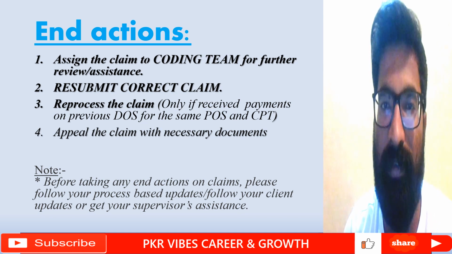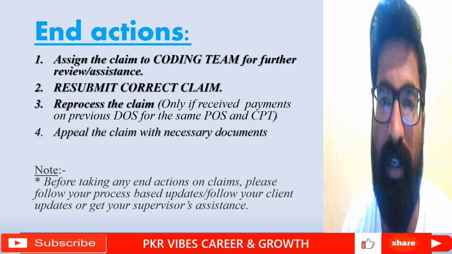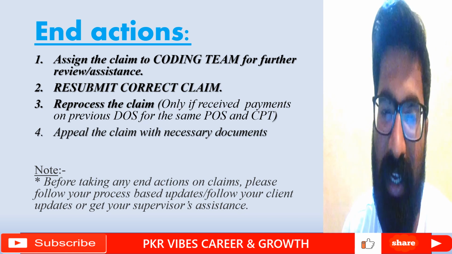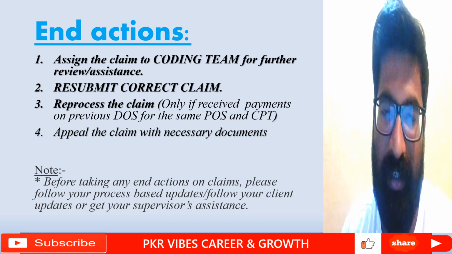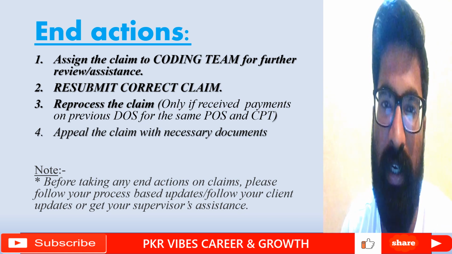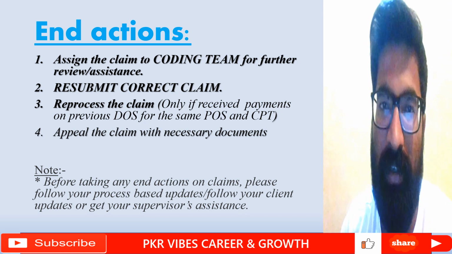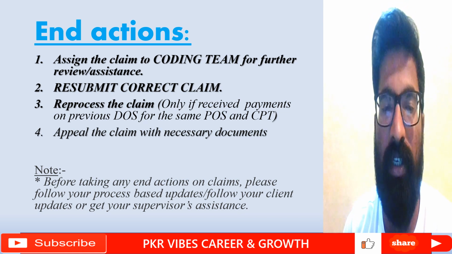So you should submit the resubmission code and original claim number whenever you submit any corrected claim to the insurance companies, except Medicare. You know that Medicare will not accept corrected claims. So except for Medicare, for any other claims, you submit the resubmission code and the original claim number. That is your second action.